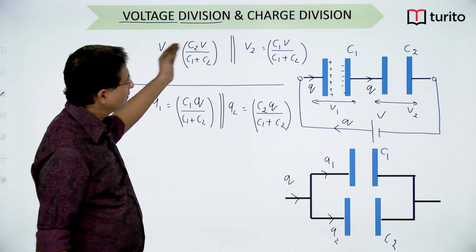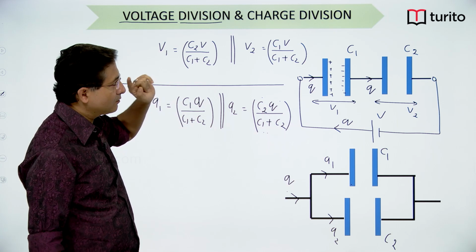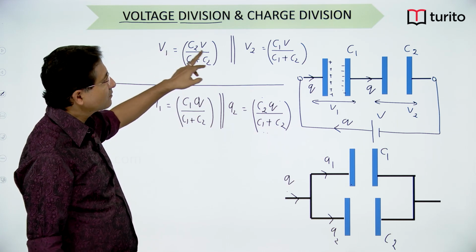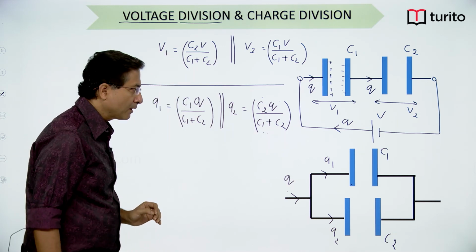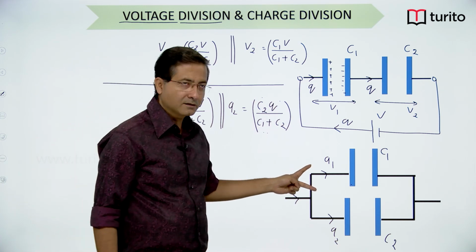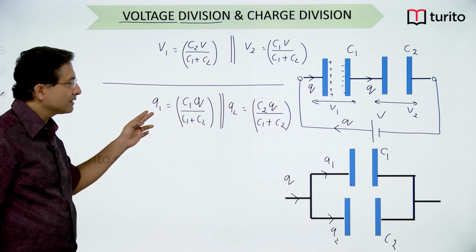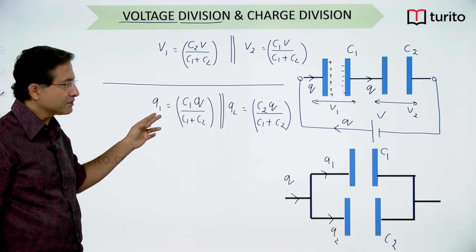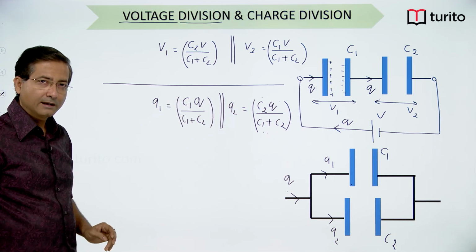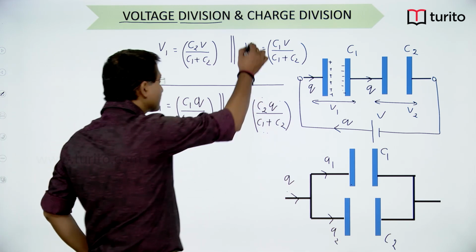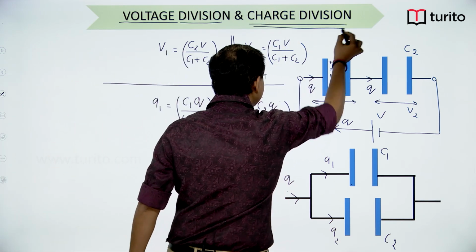Voltage division, this is the way voltage will be divided. Only thing you have to keep in mind, it is inversely proportional to capacitance. When it comes to charge division, when two capacitors are connected in parallel, then charge will get divided according to the capacitance, directly proportional to the capacitance. So now we have discussed charge division and voltage division.